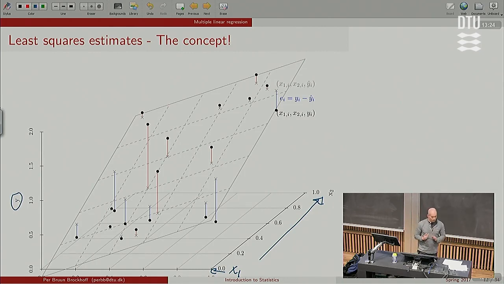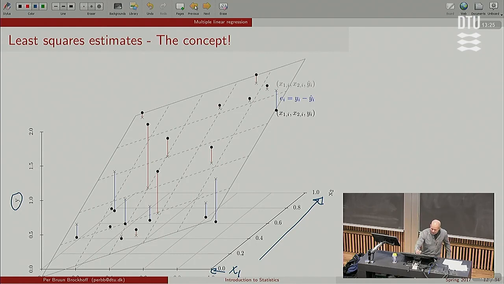So we fit the plane, we find the plane such that the residuals, that is the vertical y distances to the plane, become as small as possible. The plane is as close as possible to the data points. The same idea as last week, but now in higher dimensions.